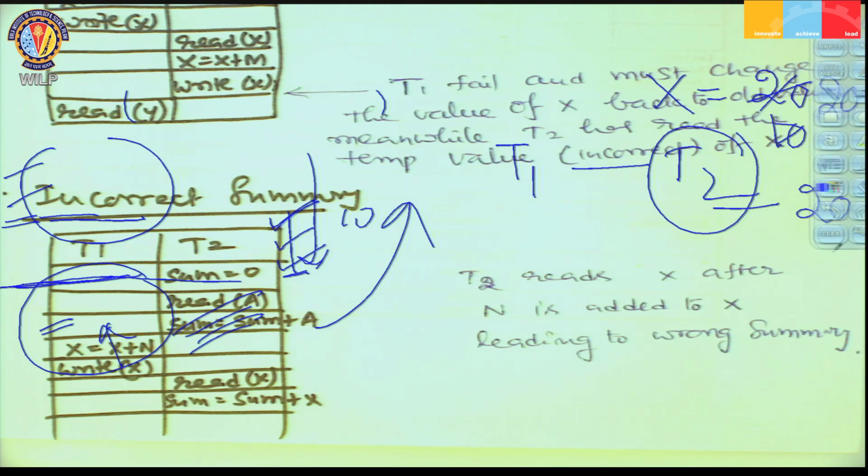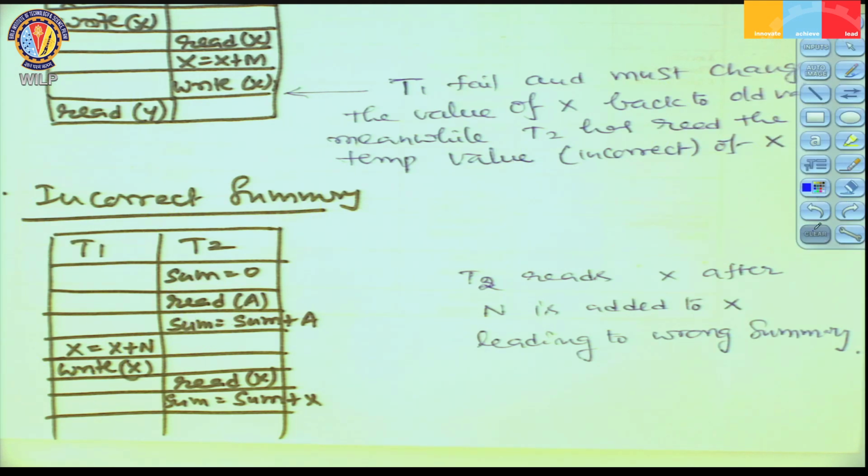The next problem, due to this concurrent execution of transactions, is incorrect summary. Let us assume that T1 is there, T2 is there, and T1 is trying to modify the data item X, and T2, which is another transaction, is trying to compute the sum of the data items.